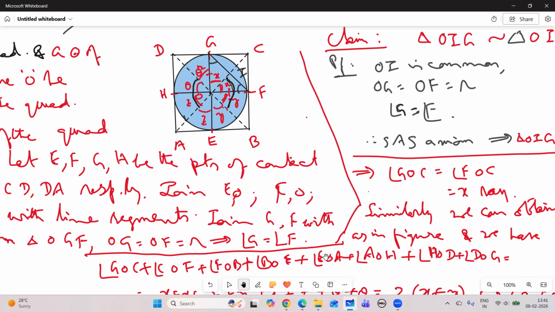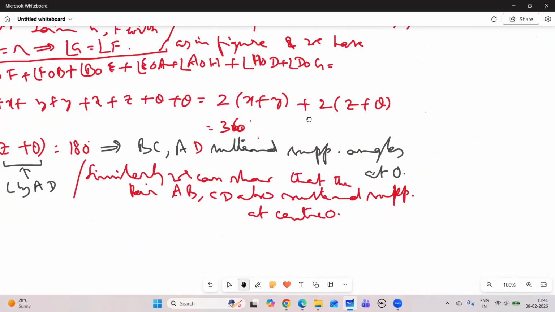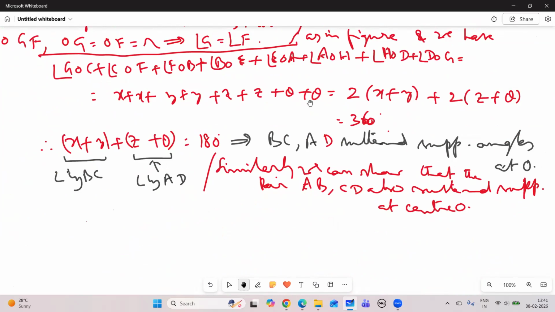Therefore, their sum becomes 360 degrees. Okay. And you have two x values, two y values, two z values, two theta values. So 2 is common. That cancels in 360, 180 times. So what is left is x plus y plus z plus theta is 180.